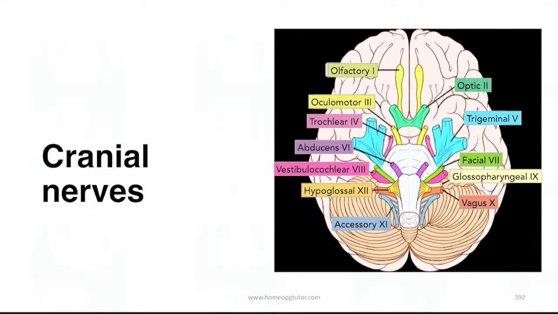Yes, someone had asked about mnemonics also. For cranial nerves, there are English mnemonics also available. If you have any mnemonics which have been used by your seniors or anyone, if you have studied from the first year onwards, that is well and good. Don't try to make new mnemonics by yourself.